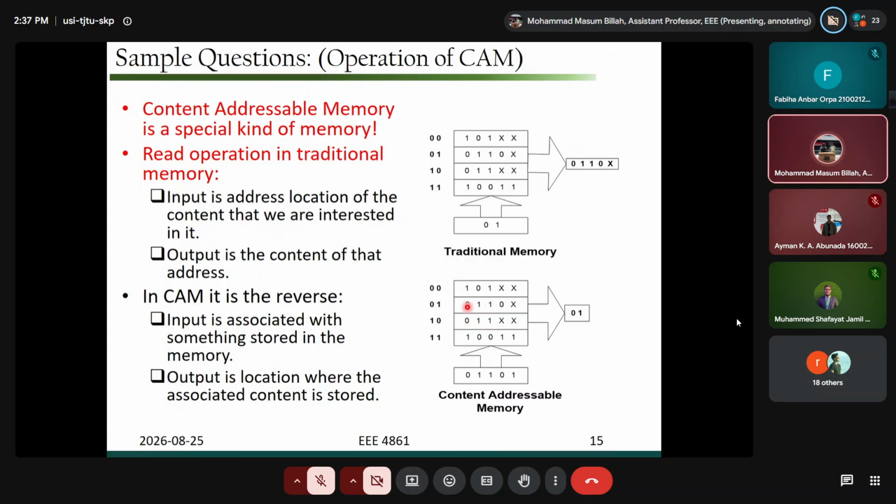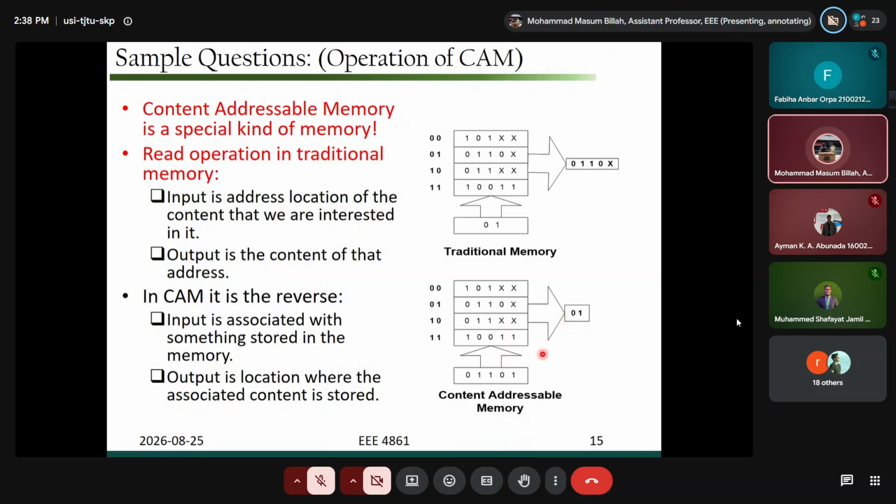Even the 4th bit is also the same, but somehow data may be corrupted. This is X and X, this is X. So you cannot distinguish the X. So that's why the address could be 0, 1 or 1, 0. But because 4 bits are matched, the output is definitely near to 0, 1.